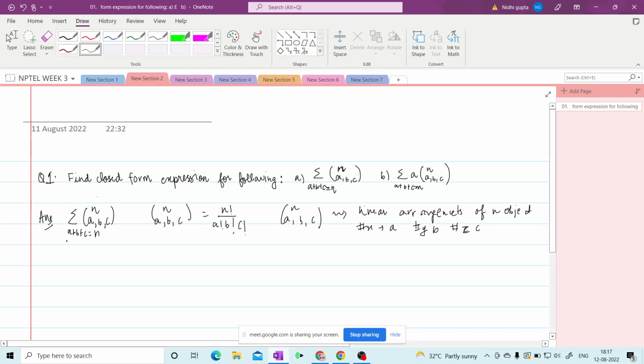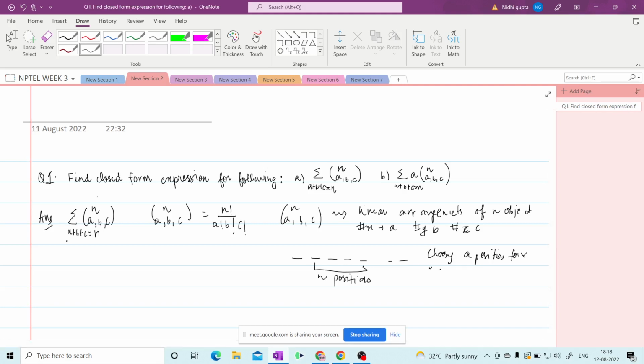So when we are doing this, what we are basically doing? We have these n positions, and if we want to find linear arrangements of n objects where we have a x's, b y's and c z's, this is equivalent to choosing a positions for x, b positions for y and c positions for z.